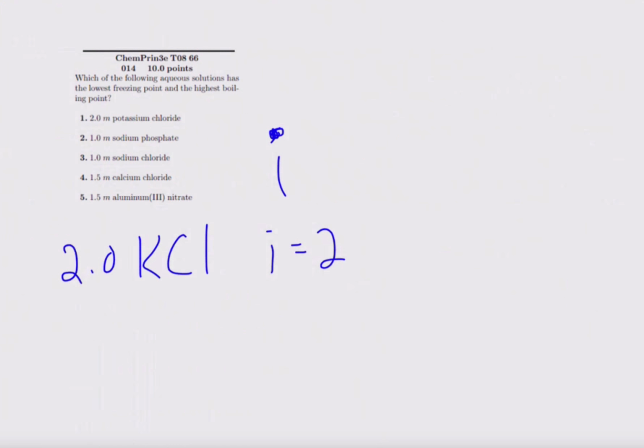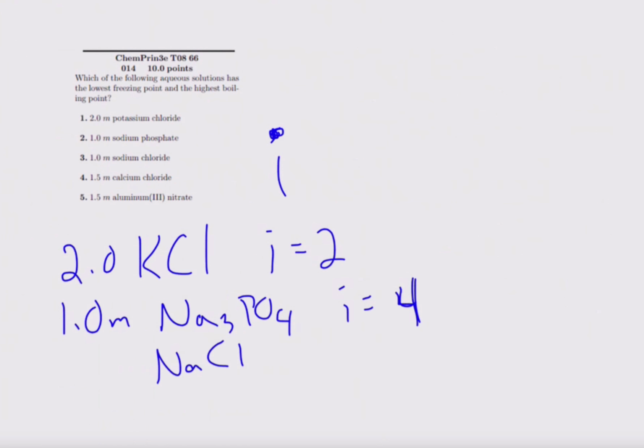Sodium phosphate, 1.0 molal, is going to have an I factor of 4. Sodium chloride has an I factor of 1. Calcium chloride has an I factor of 3.